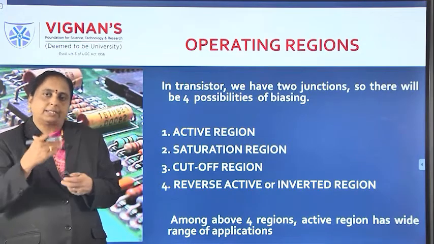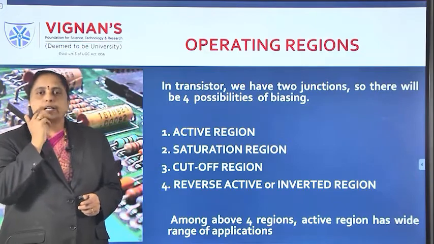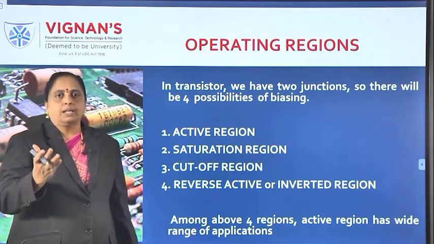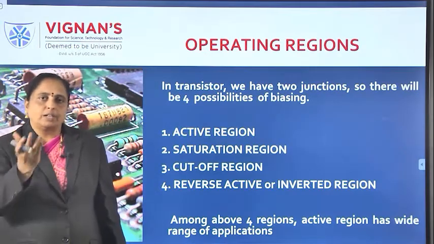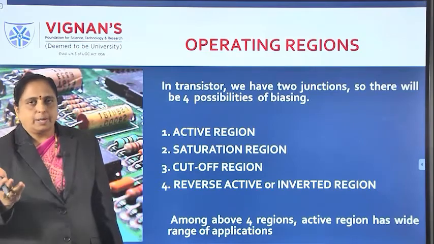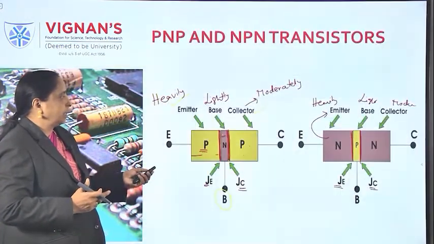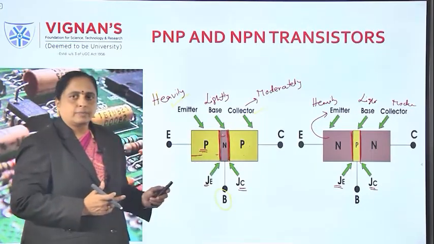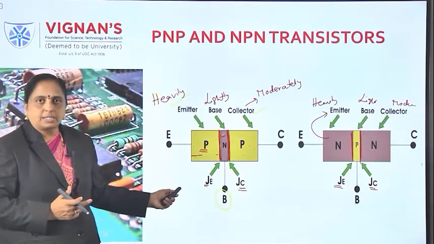To meet these applications, we have to connect the BJT in different biasing conditions. Biasing means giving some supply for proper working of any device. In a diode, we have given forward bias and reverse bias. Similarly, in a BJT, you know there is a three-terminal device. As there are three terminals and two junctions, we can give different types of bias here.